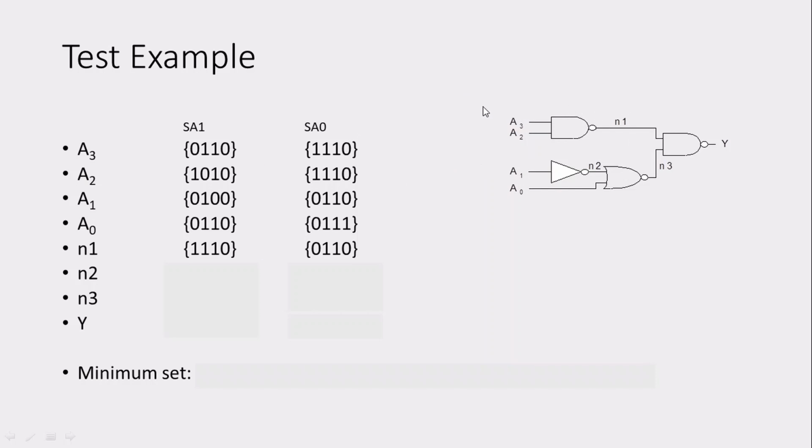So what might be the input combinations I can give at A3 A2 A1 A0 to check this particular point, so that I can find out whether this node, N1, is stuck at 1?